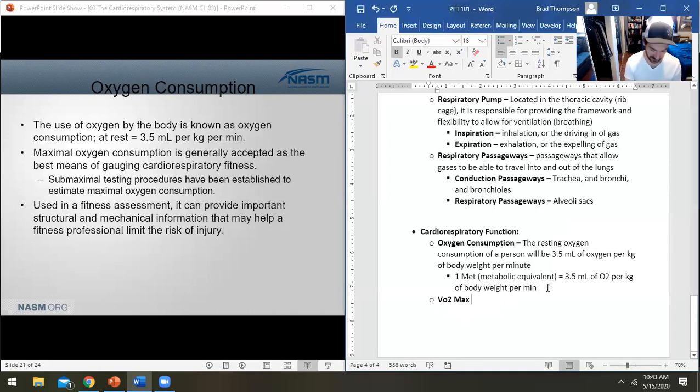VO2 max is going to be the volume of oxygen, the maximal amount of oxygen consumed. Okay, so your VO2 max is the most oxygen that you can consume, meaning that if gas comes in, there's a lot of oxygen coming in, and there's very little CO2 coming out, and you're still exhaling some of that oxygen, that means that you were not able to extract all of that oxygen.